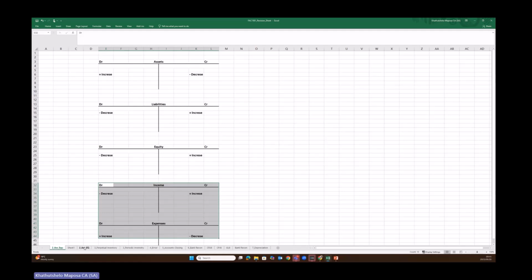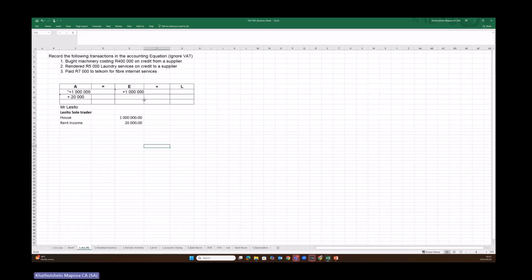So now our equity is going to increase by that 20,000 as well, since the income is increasing by 20,000.